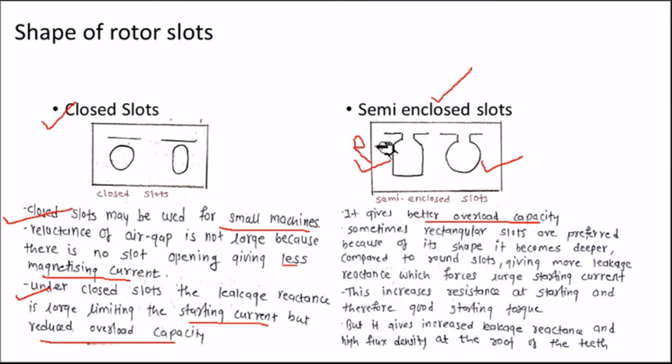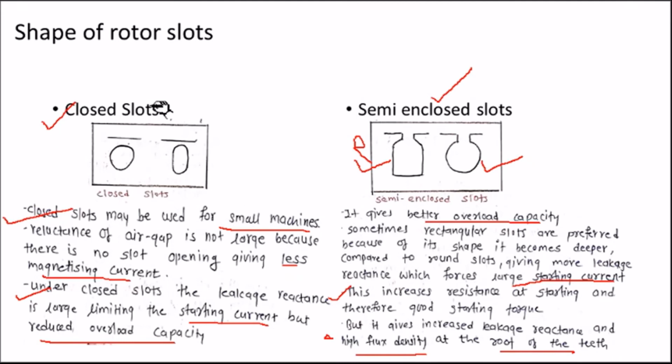But one drawback is there in the case of semi-enclosed slots, which is that it will give you large starting current. This will decrease your power factor, or this may lead to poor power factor. So the closed slot will give you better power factor, while semi-enclosed slots will give you poor power factor, but it gives increased leakage reactance and high flux density at the root of your teeth.